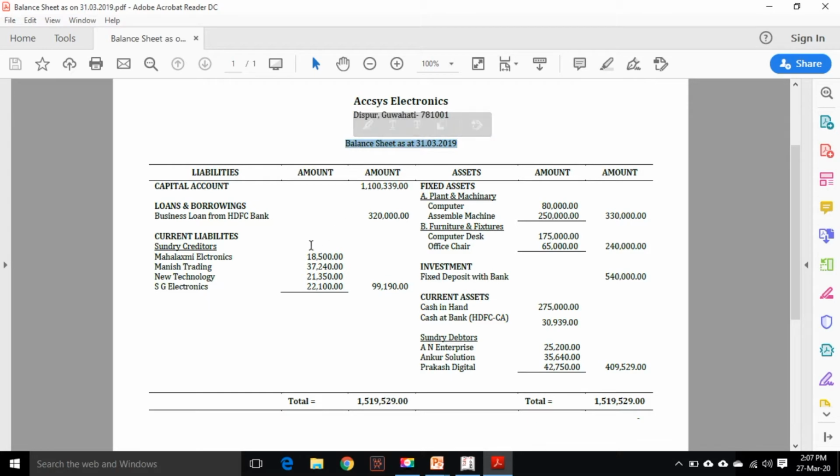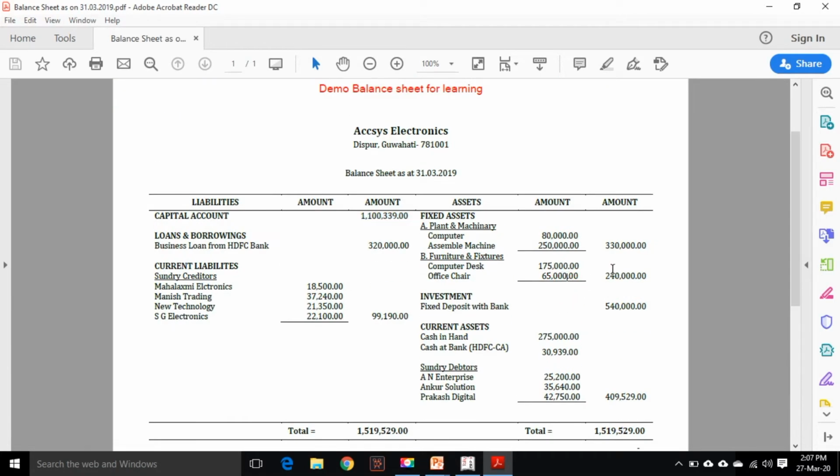It is a continuous business, so when you have a balance sheet in hand, you have to put all the opening balances in your Tally. Kindly download the balance sheet and take a printout. We will start with fixed assets by entering all the opening balances.